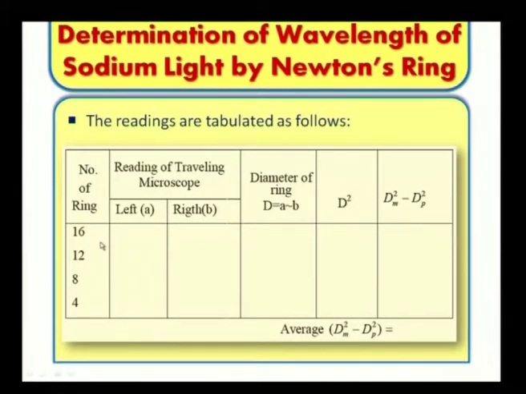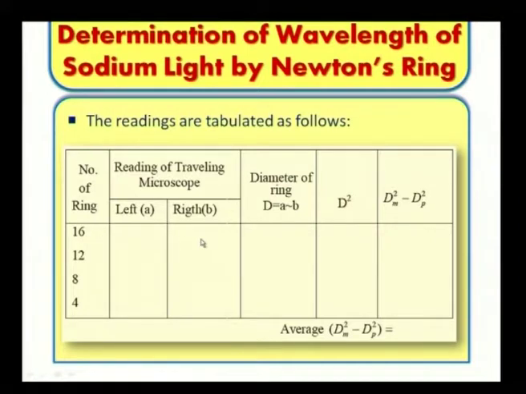You start from the 16th ring, take the reading on the left side. So, from 16th you go to the 12th, then 8 and then 4. Then you go to the right side. Then you come to the 4th ring on the right side, the 8th ring, 12th ring and 16th ring. So, the difference between these two will give you the diameter of the 16th ring.